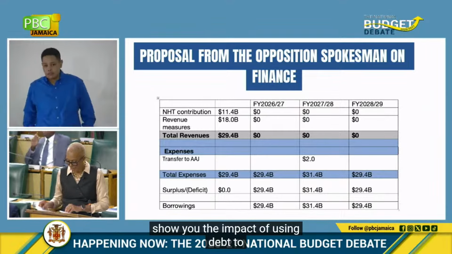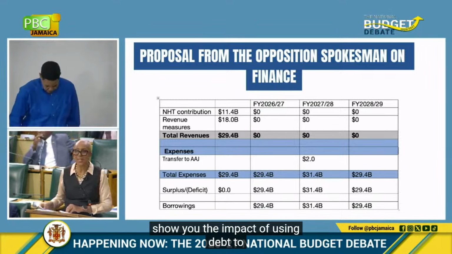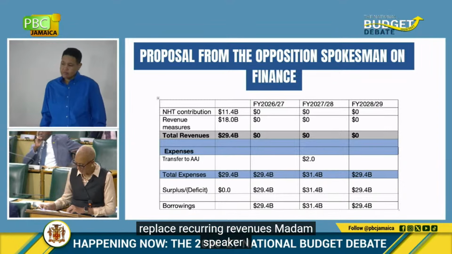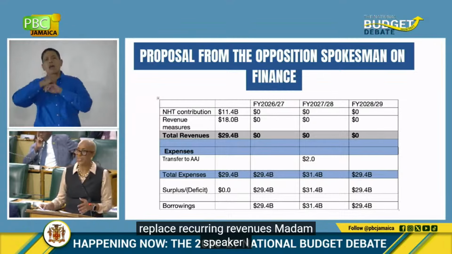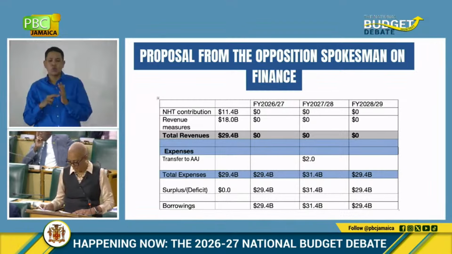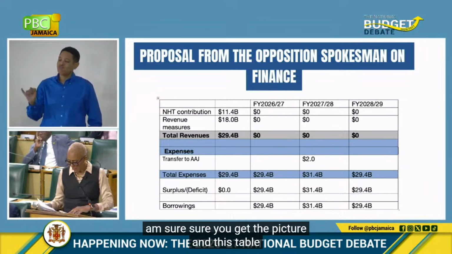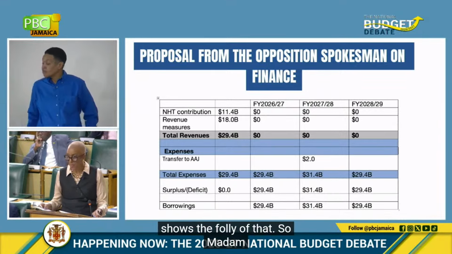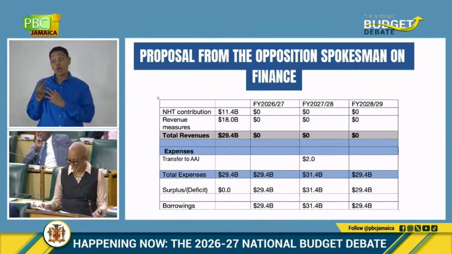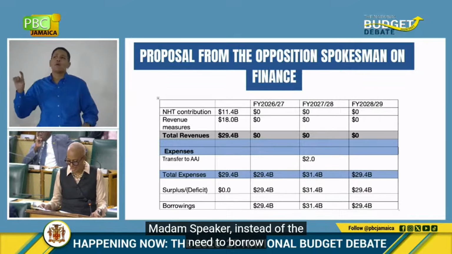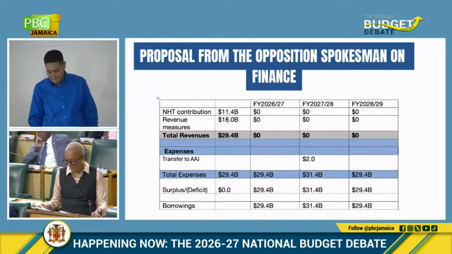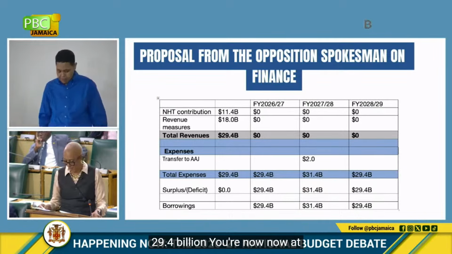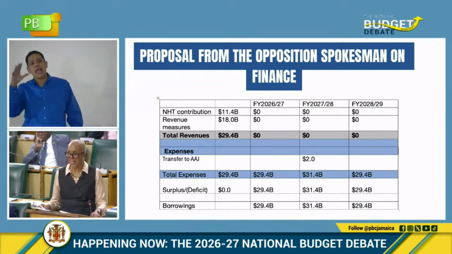Madam Speaker, I am sure you get the picture, and this table shows the folly of that. So, Madam Speaker, instead of the need to borrow $29.4 billion, you're now at 31.4, and then back to 29.4, assuming no other expenses pop up on you.